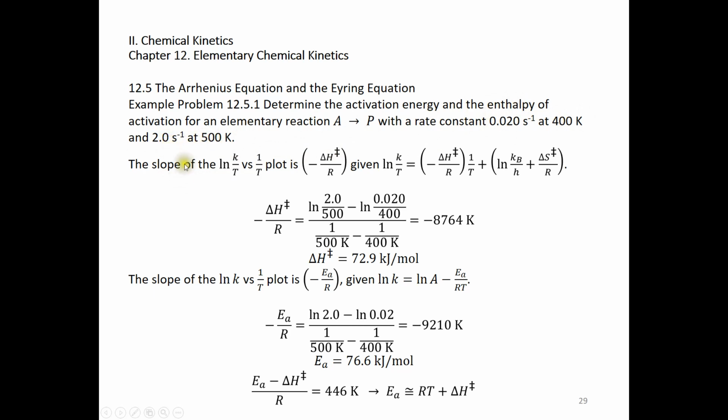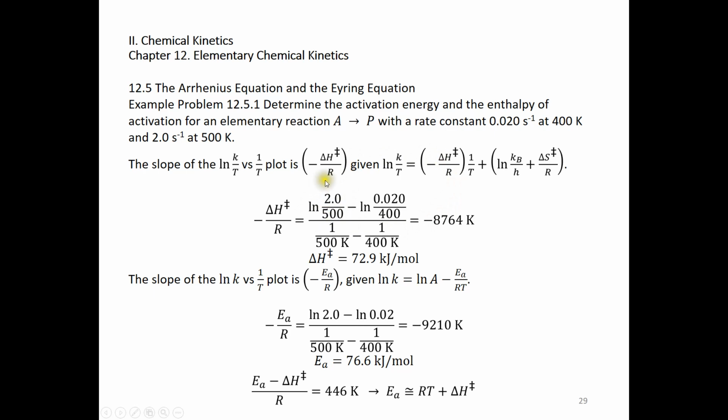Now let's look at the slope of ln(k/T) versus 1/T. The slope is negative ΔH‡ over R. This ΔH‡ is the enthalpy of activation. So we can either make a graph or we can do this calculation by hand. The slope is simply, remember, Δy over Δx if you're looking at the slope of y versus x.